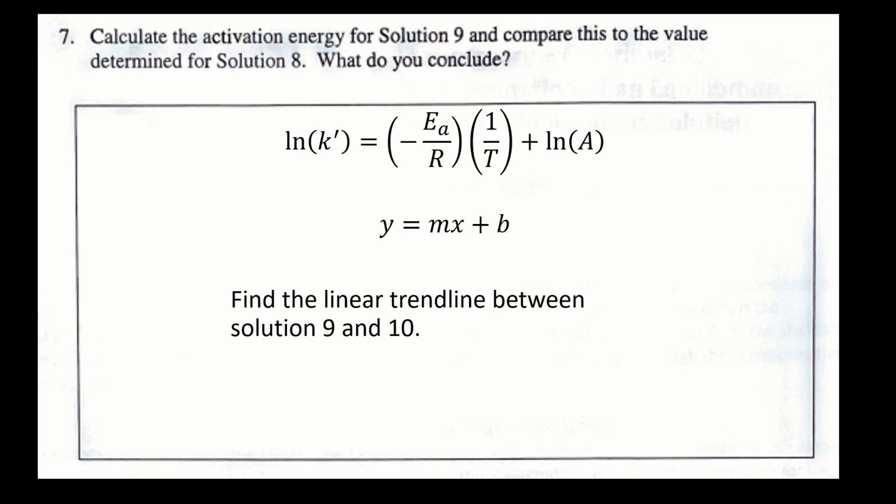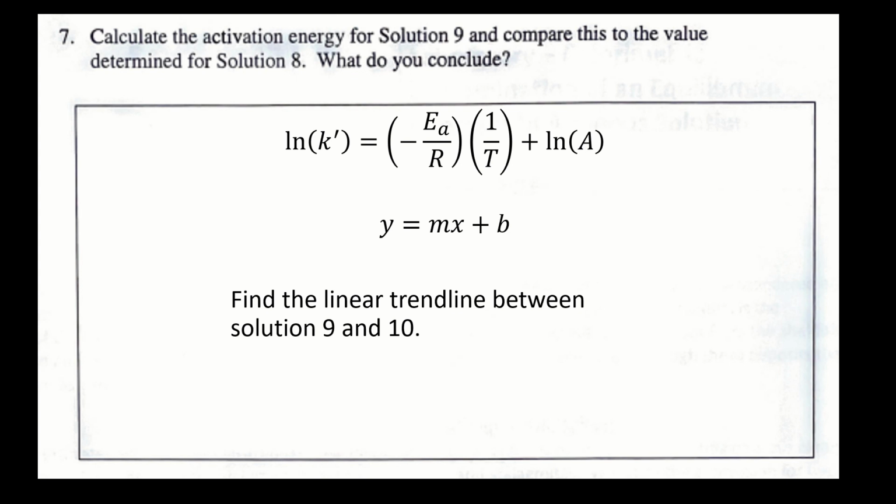For question 7, essentially what we have here is calculate the activation energy for solution 9 and compare this to the value determined in solution 8. What do you conclude? Well, for solution 9, you're essentially using just a little bit more catalyst than in solution 8 or 10. Well, the only two trials that you can actually use is solution 9, of course, and solution 10.